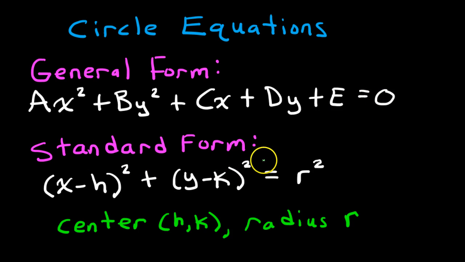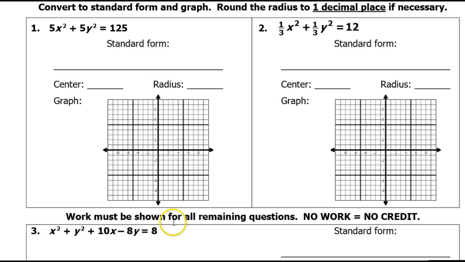And then there's standard form, which we prefer in many ways, because if you have the equation written in standard form, at a glance you can tell what the center is, because the h and the k are the coordinates of the center, and you can tell what the radius is, because this number will be the radius squared. So if I give you a circle equation that's in general form, or some other form that's not standard form, this lesson will show you how to rewrite it in standard form.